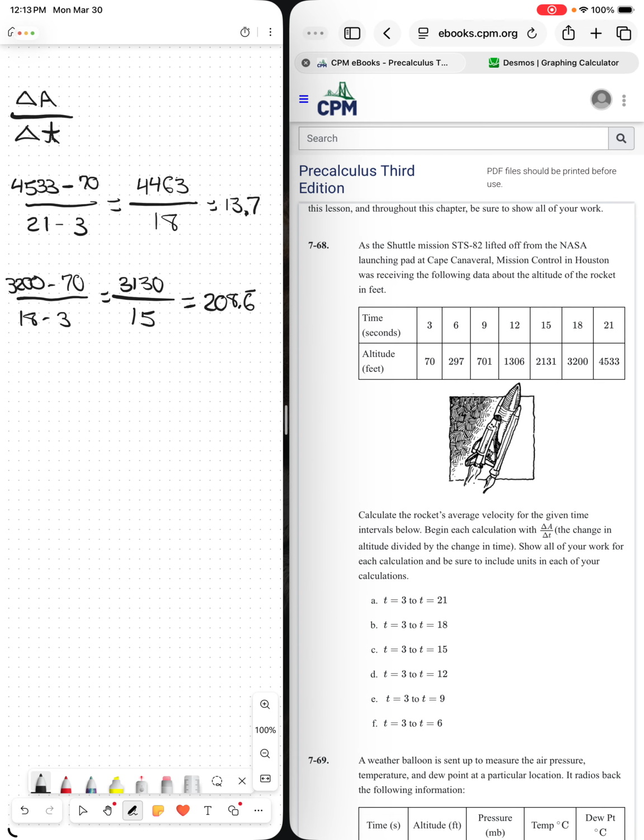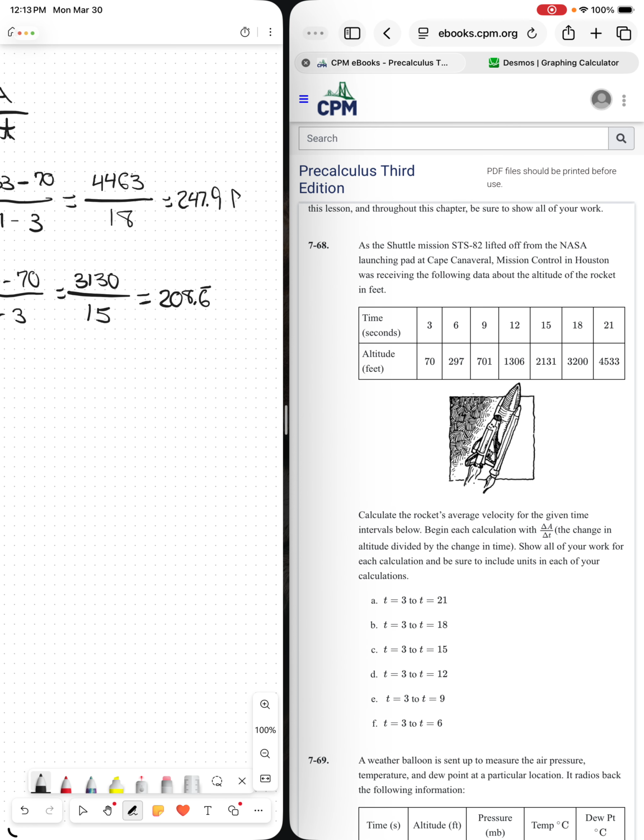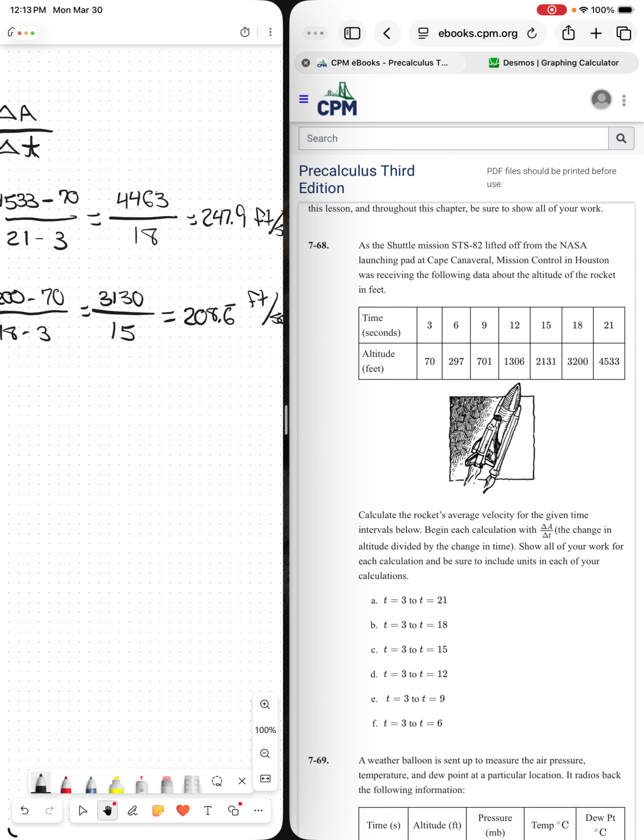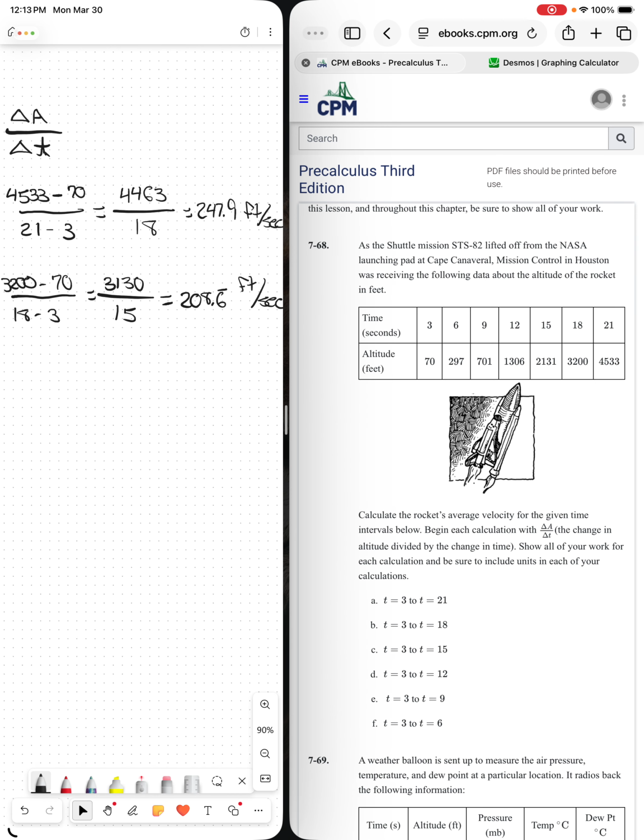Sorry, I didn't do that other one right. 4463 divided by 18 is, let me fix this one, 247.9. And this is feet per second, guys. We're talking about altitude, feet per second, right? So feet in altitude, time is in seconds, so feet per second, that's our velocity or our rate.